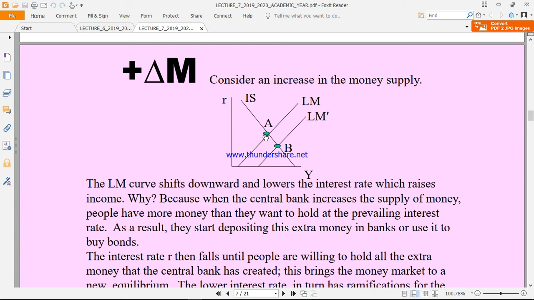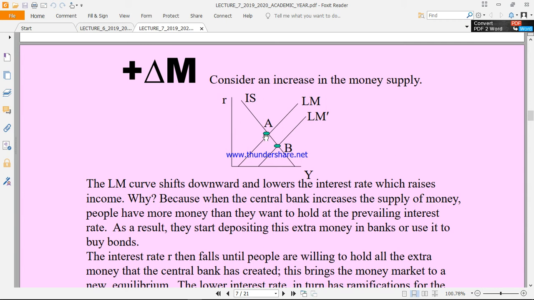Now that the central bank has increased the supply of money, we must expect the price for money to reduce. And what is this price? It is the rate of interest. Now that the rate of interest has reduced, we must expect more investments to take place, because the cost of borrowing has reduced.